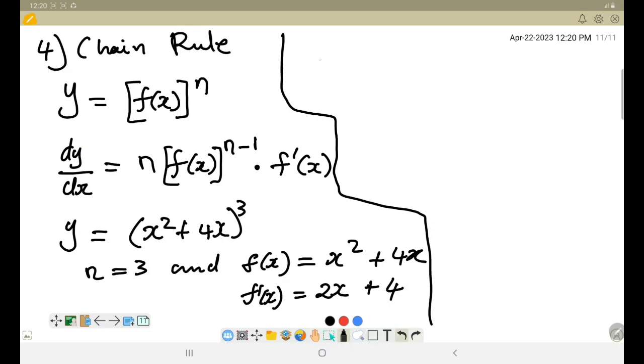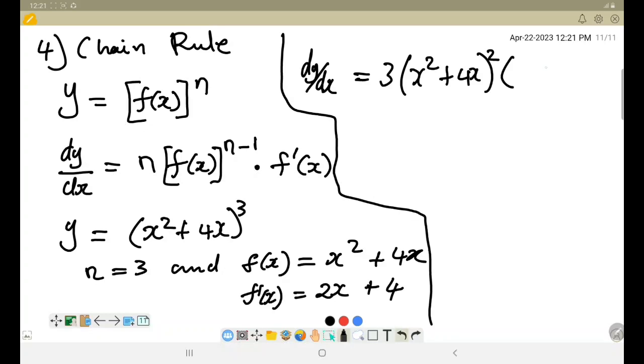So when we carry out dy dx for the whole thing using our formula, our n is 3, we bring it down, then we write f of x as it is, then 3 minus 1 is 2, then we go inside and differentiate our f of x, which is f prime.